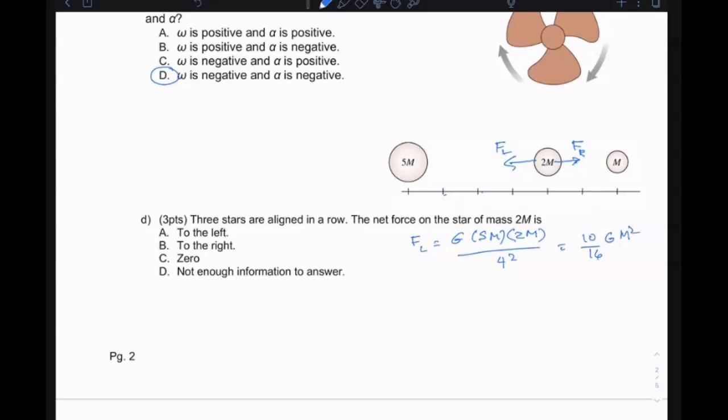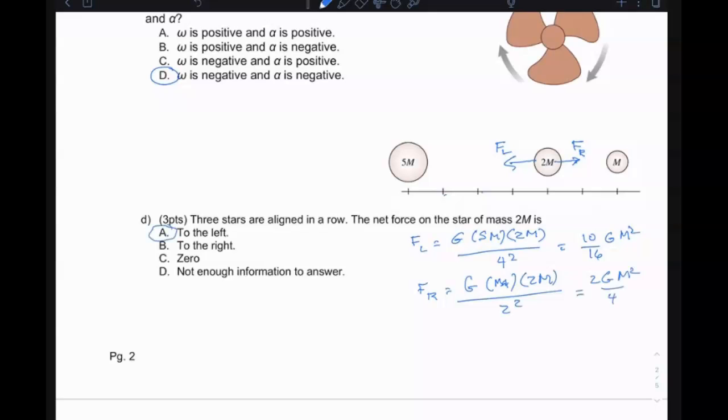We repeat the same procedure to find the force on the middle mass due to the right-hand mass. So it's equal to G times the mass of the right-hand mass, which is m, times the mass of the middle mass, which is 2m, over the separation distance squared, which is 2 units.